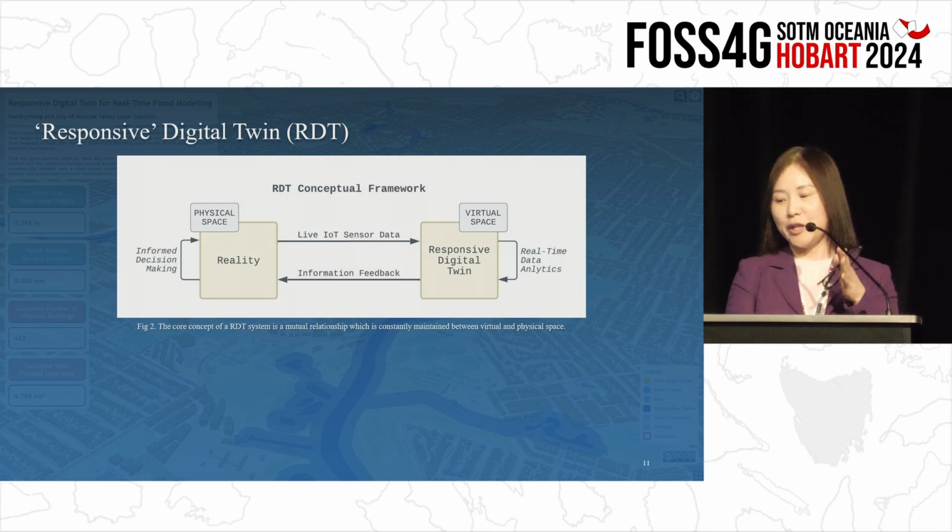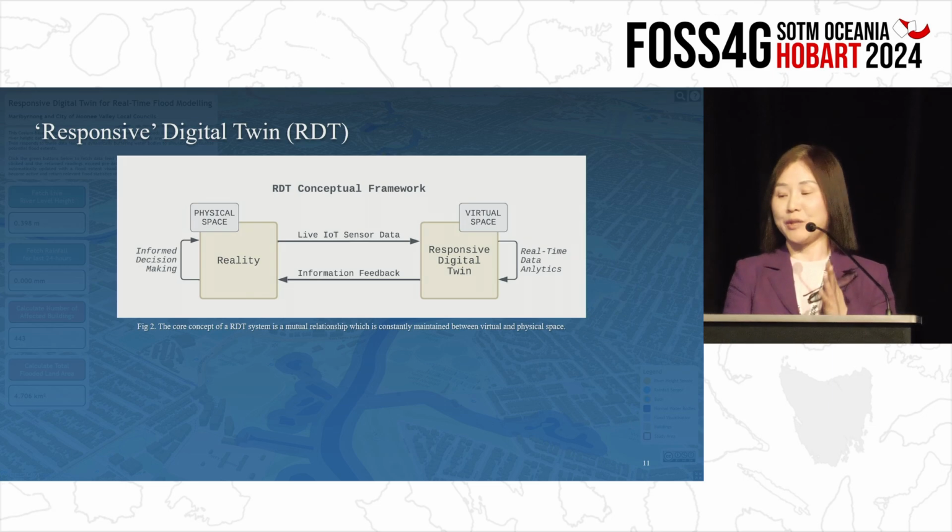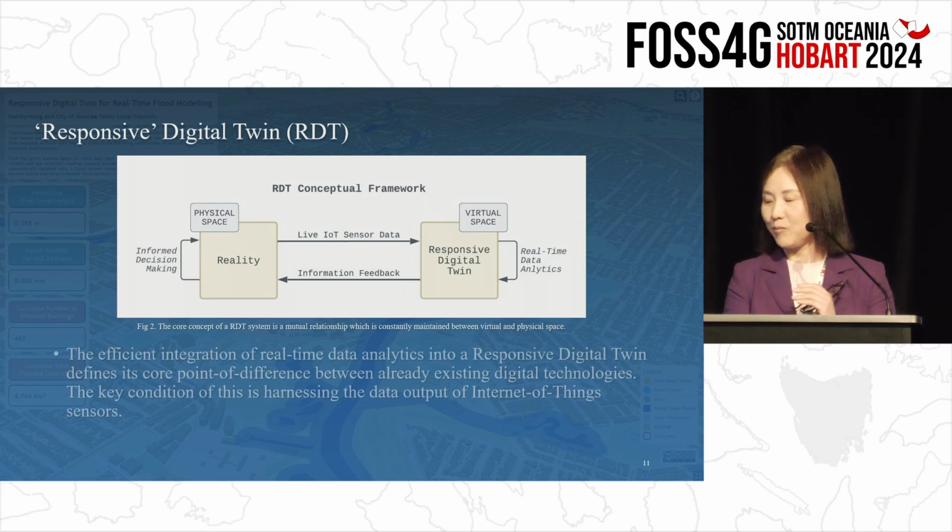In this case, if we use real-time flooding data access to the sensor data, we call it a responsive flooding digital twin. So this is the conceptual framework this student developed for this individual project.